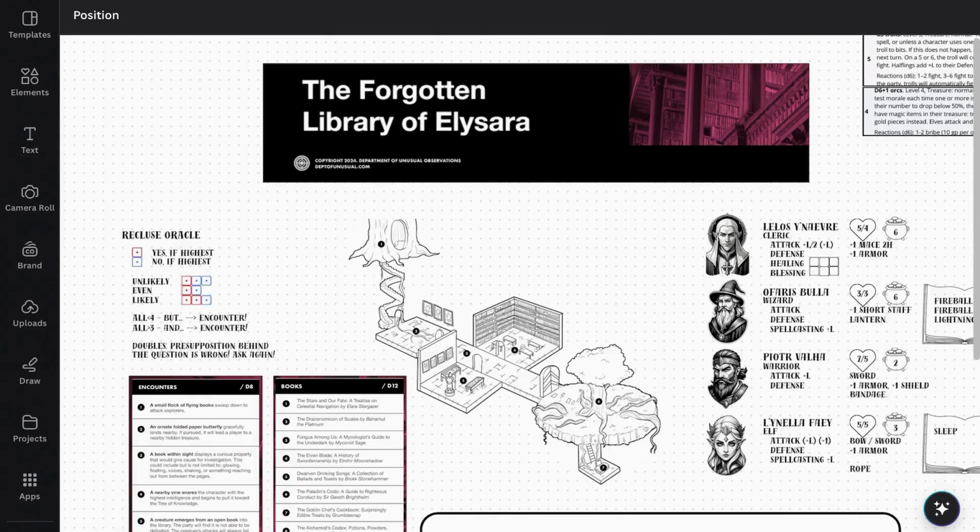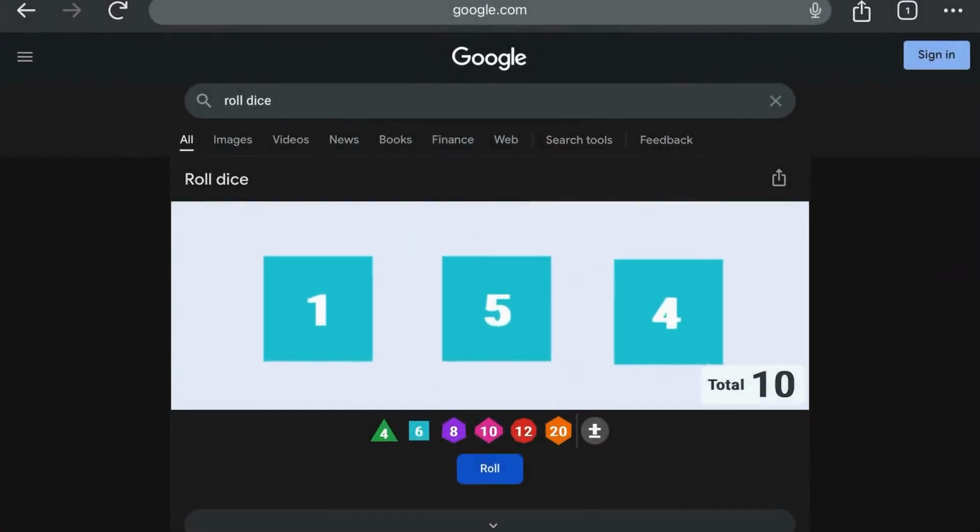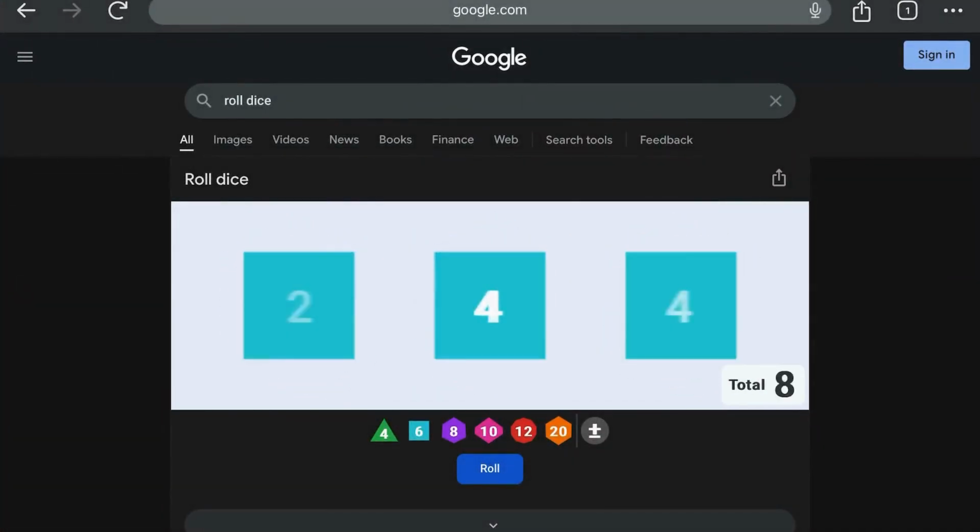This is an easy riddle for an experienced wizard, so I guess this is a likely yes chance. So 3 dice, the first 2 will be the yes, the third one will be the no. Let's see which is the highest one. Oh, okay, the yes and the no are the same, so the question is not correct.